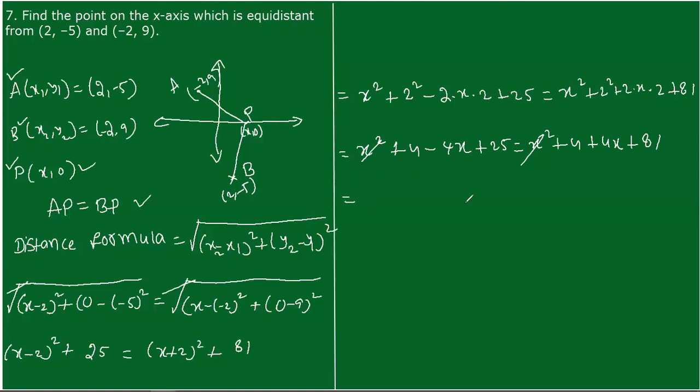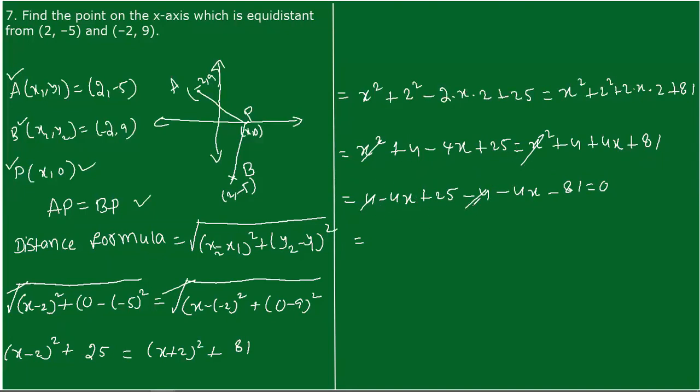Shift all the RHS values to the LHS. On LHS we have 4 minus 4x plus 25, and take all these values to LHS. The signs will change: plus 4 becomes minus 4, plus 4x becomes minus 4x, and plus 81 becomes minus 81, equal to 0. Here we have plus 4 minus 4, we can cancel. Actually we should have cancelled here only, but I didn't notice it. No problem.